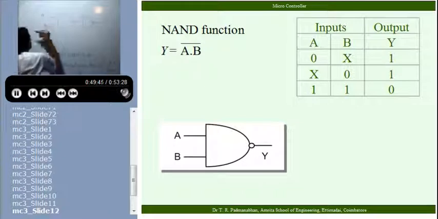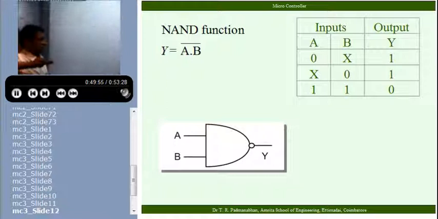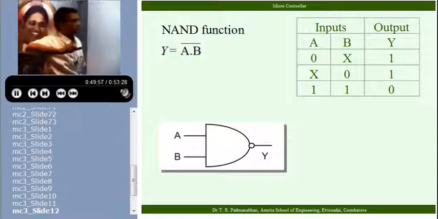A, B, Y. That is a NAND gate. NAND gate actually it is simple. AND and negation. The AND followed by negation is called a NAND gate.